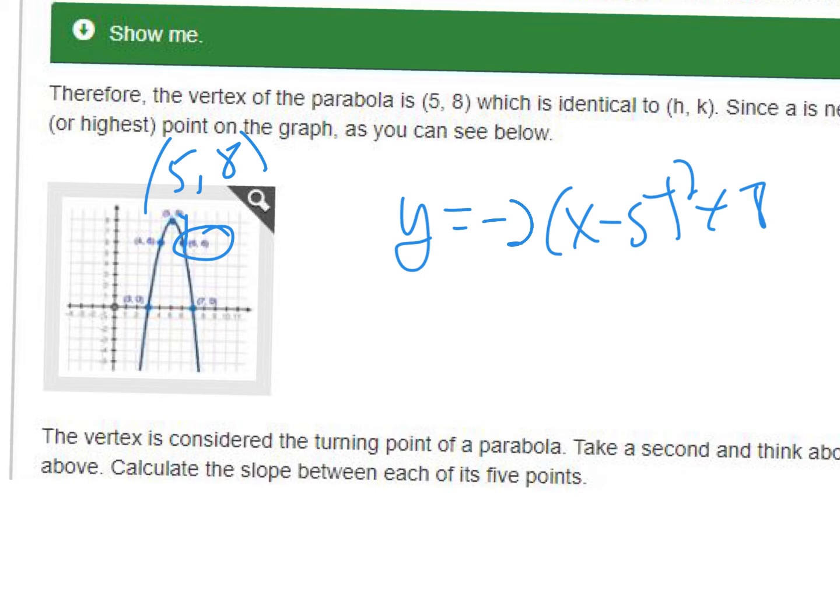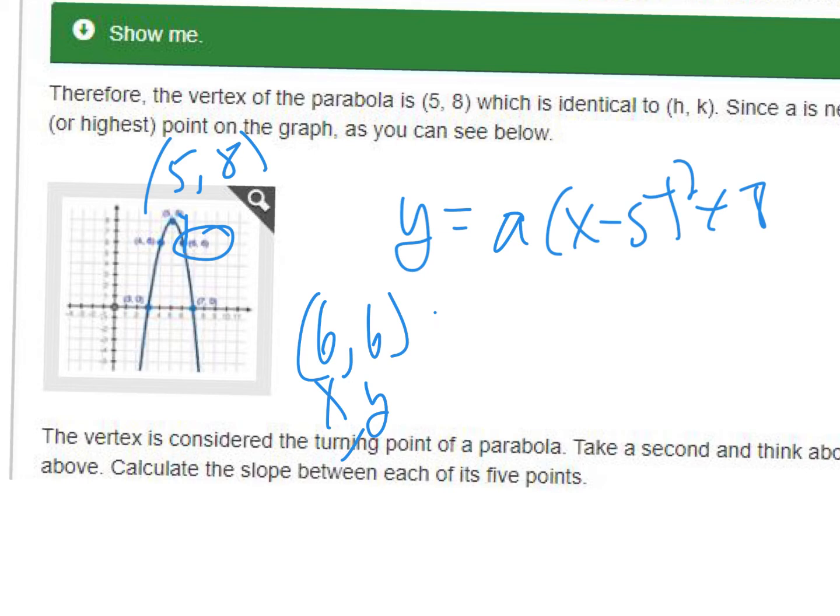There's some number a here that I don't know what it is, right? I want to find out that a, and I've got this other point that's on the curve, 6, 6. So this is x, this is y. Let's substitute that into this equation and see if we can find out what a is.